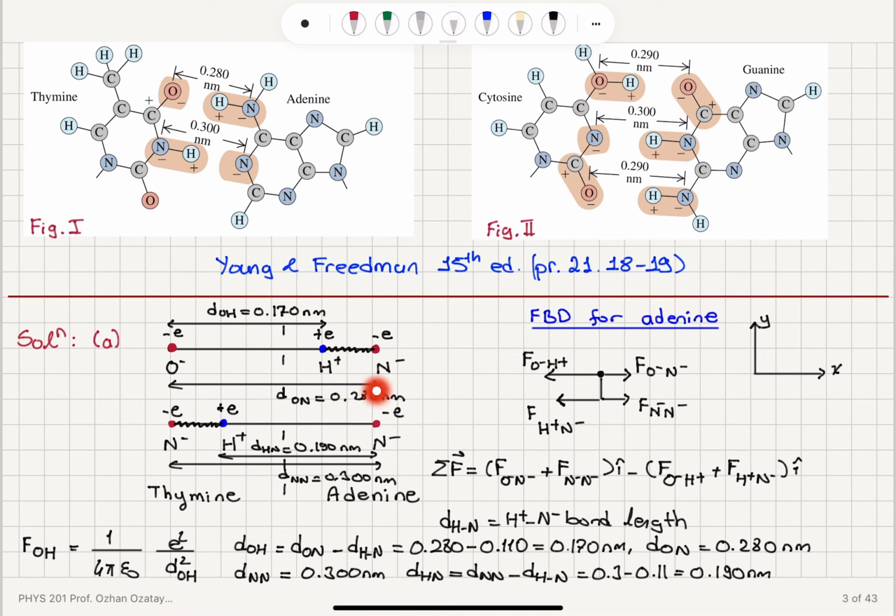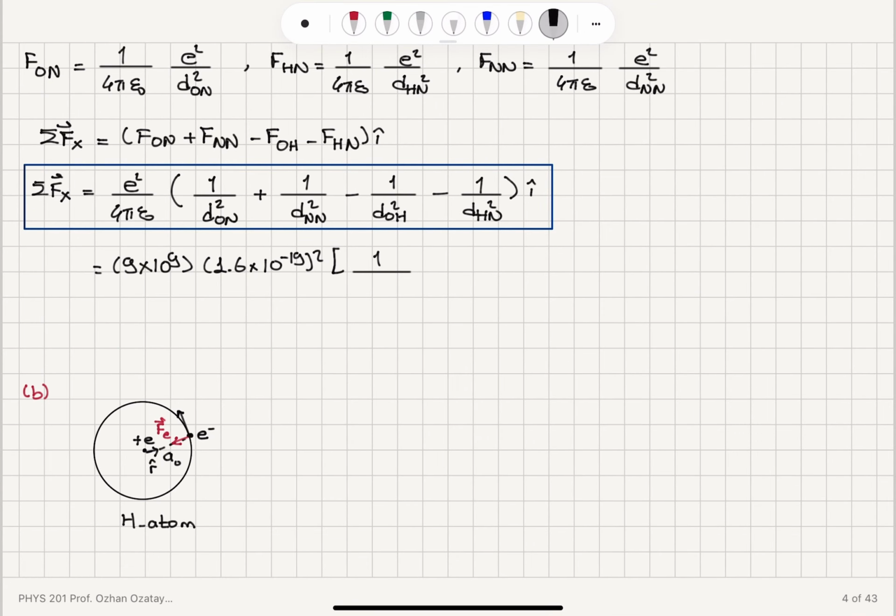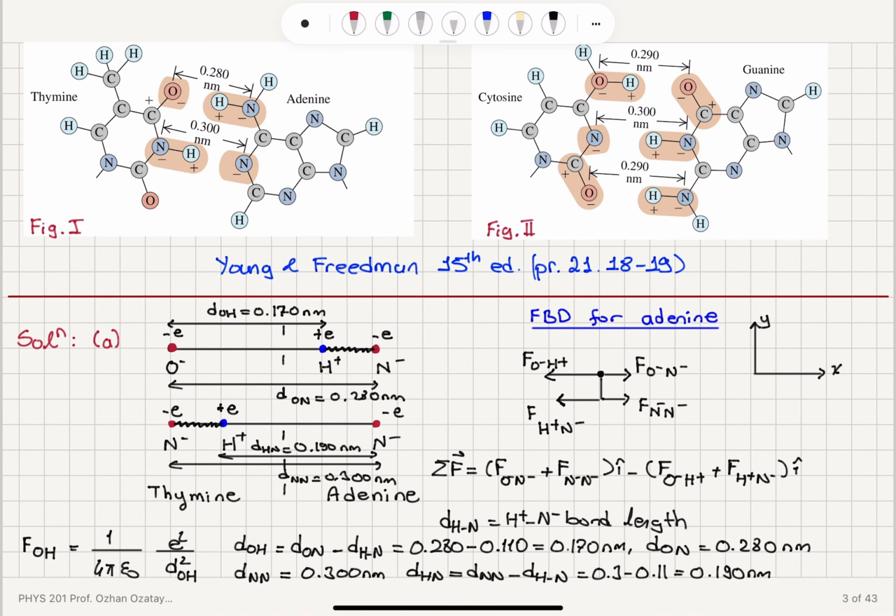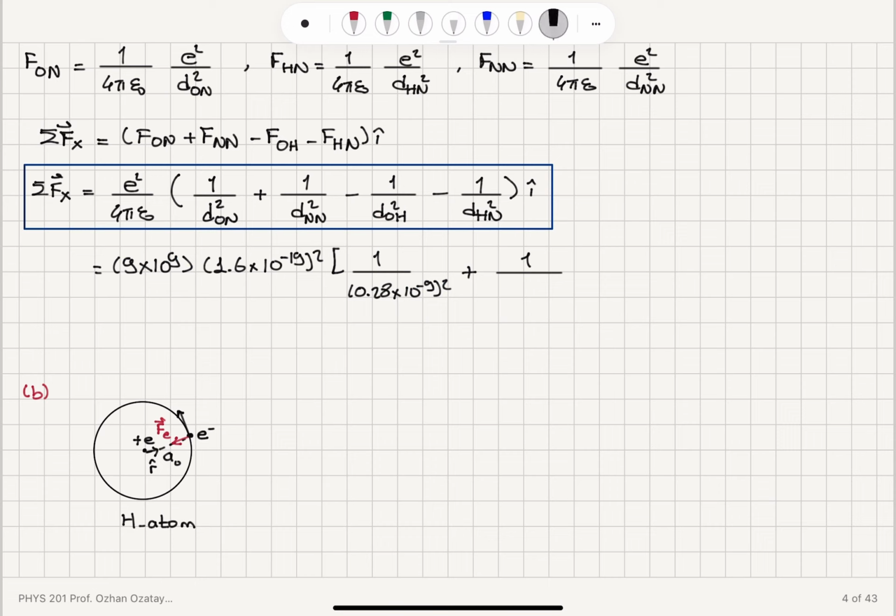That's this one here. So this is 0.28 times 10 to the minus 9 meters squared plus 1 over the nitrogen-nitrogen distance. That is given here, 0.3 nanometers. Here also, it is 0.3 times 10 to the minus 9 parentheses squared, minus the attractive parts. We have 1 over the oxygen-hydrogen distance.